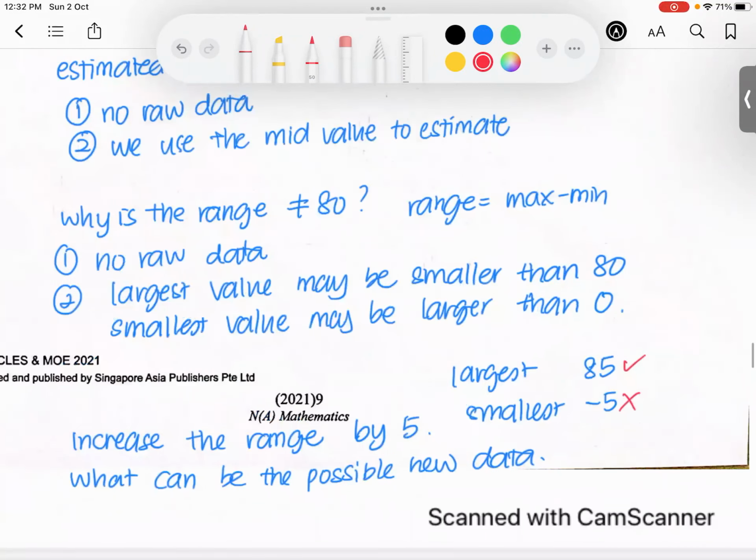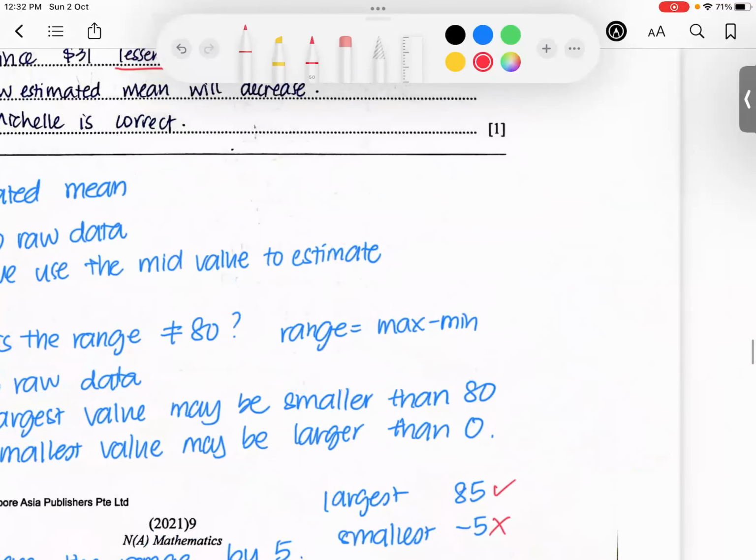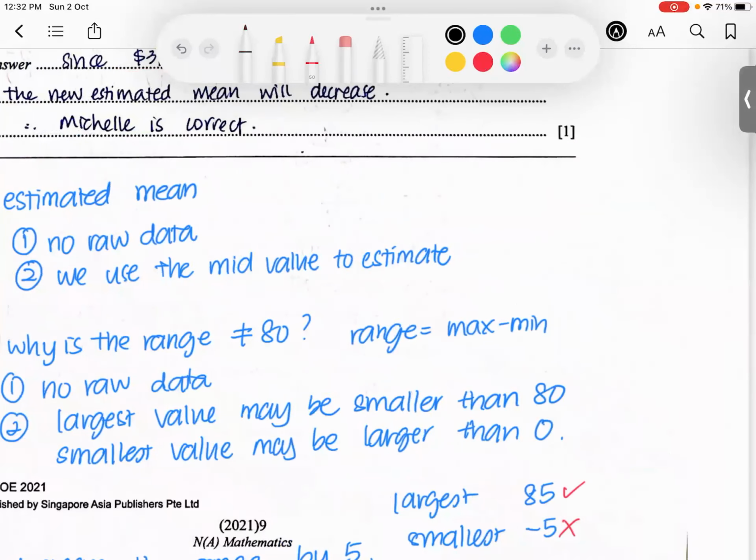Or they can also ask you other questions like, explain why the mean is not a good measure of the central tendency. Usually the best one is the mean, for measure of averages, followed by the median, and the last one that you ever use is the mode. But when is the mean not a good representation?